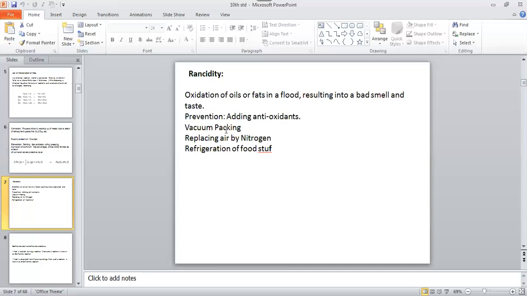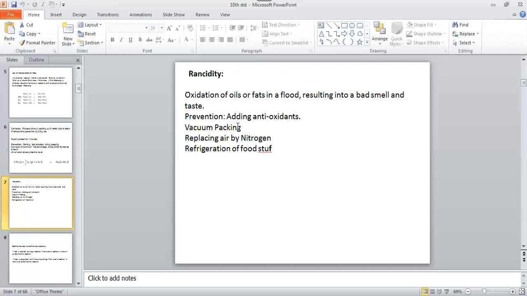There are different ways to prevent rancidity. One way is by adding antioxidants. There are some chemical substances like sulfur dioxide, BHT and BHA. These are the names of antioxidants. They can be added to oil to prevent oxidation, that is, rancidity. The second way is vacuum packing.